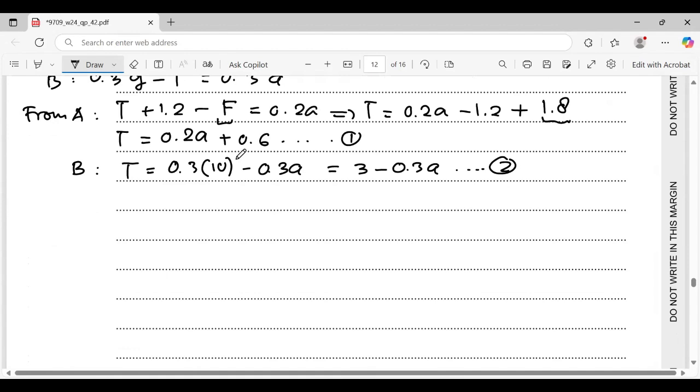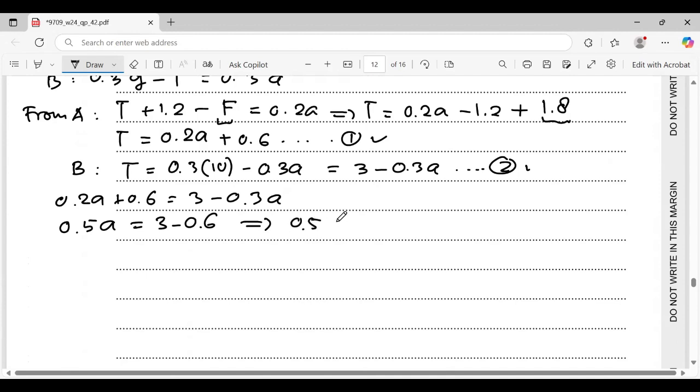Now, equating this equation and this equation, it becomes 0.2A plus 0.6 equals 3 minus 0.3A. So it's going to be 0.5A equals 3 minus 0.6, which becomes 0.5A equals 2.4. So A equals 2.4 divided by 0.5, and it is 4.8 meters per second squared.